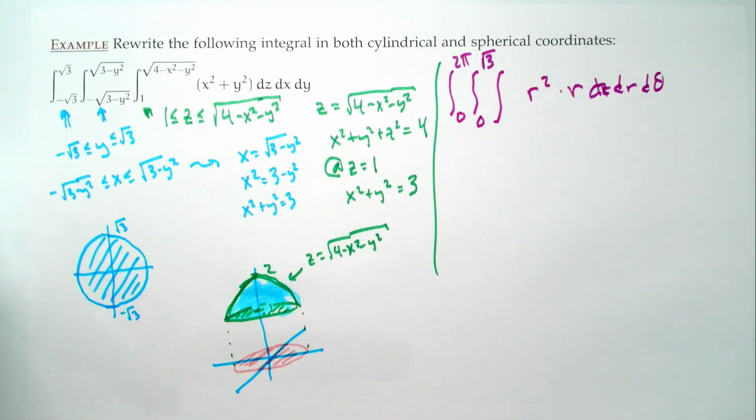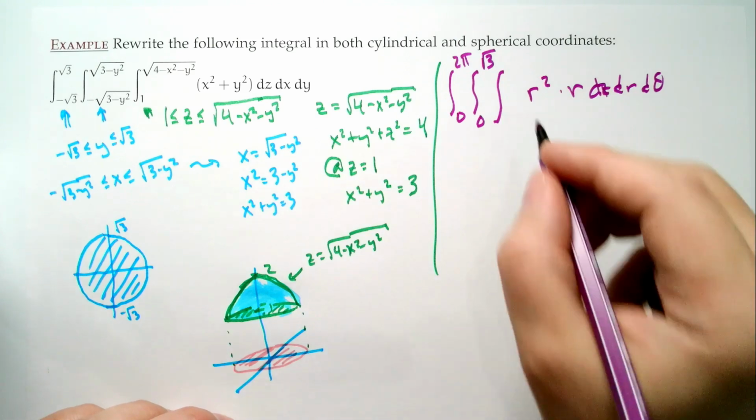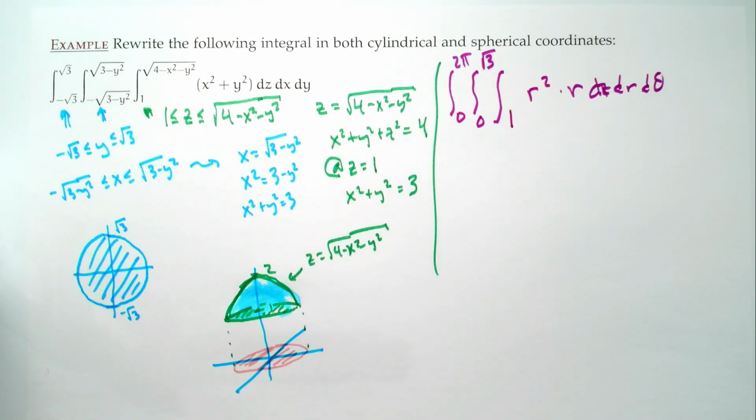Where does z go from? Well, what's the bottom? The bottom would be this plane, which in Cartesian coordinates was z equals 1. In cylindrical coordinates, it is still z equals 1. Okay, what does the top become?